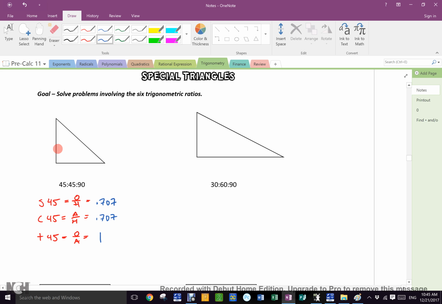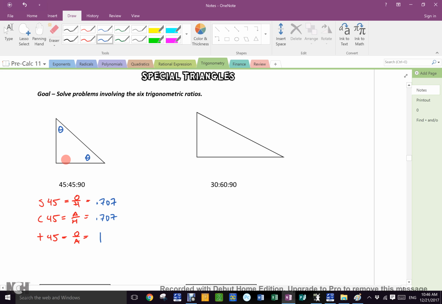Tan is opposite over adjacent, yes? Where in this triangle are the thetas allowed to be? It's got to be there and it's got to be there, right? And since they're both 45, they're going to be the same, yes? So the tan of both those thetas is O over A, correct? What is the easiest way to show me the number 1 if you're doing it by division?